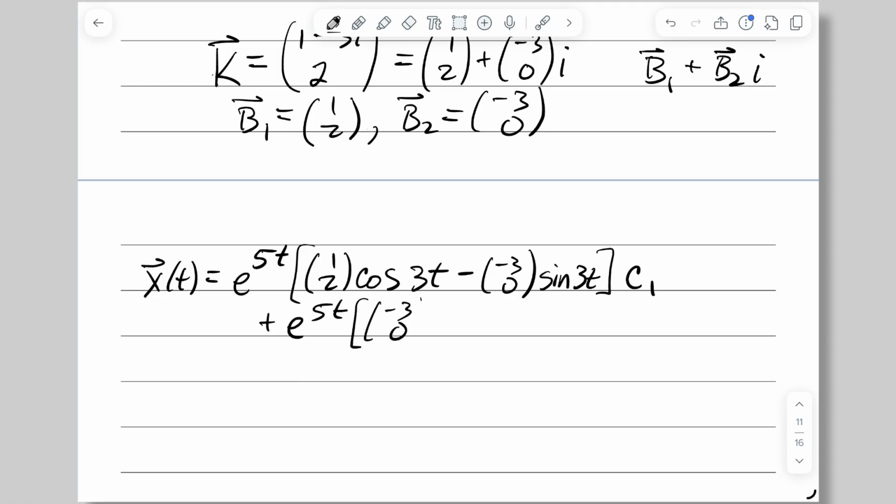So (negative 3, 0) is now in front of the cosine of 3t, and (1, 2) is in front of the sine of 3t. And because of what we needed to do with the conjugates and all of that in the preceding discussion, in front of the sine term, we have a plus. All of that second solution is times c2 using our superposition principle, and that's our solution.